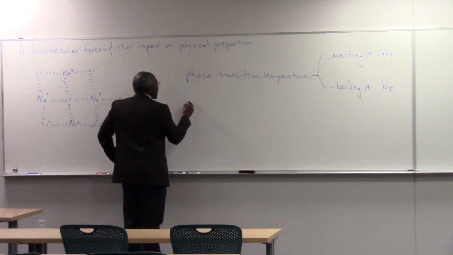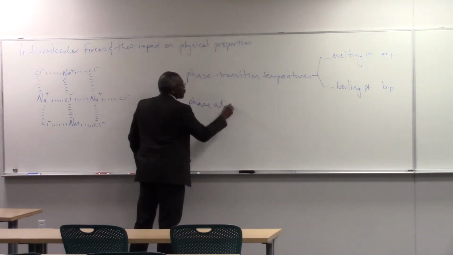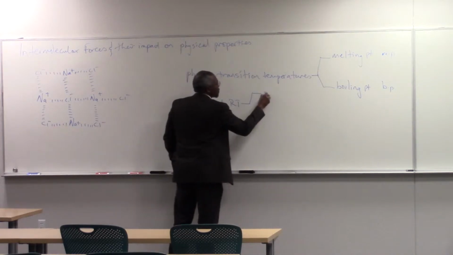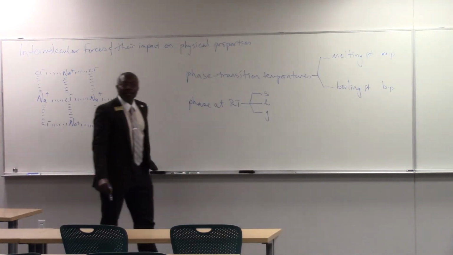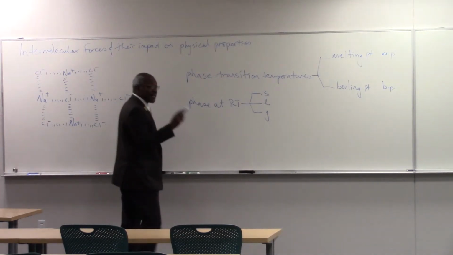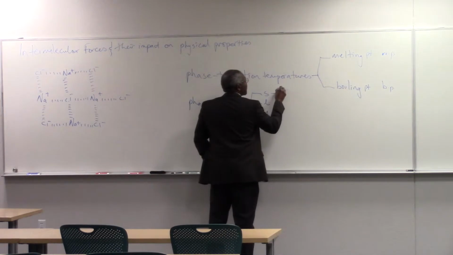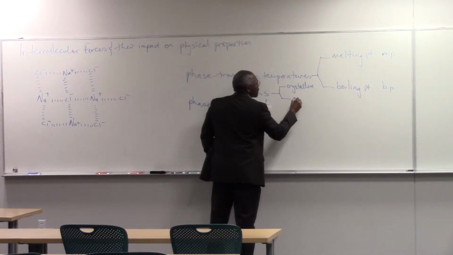We're also going to look at the phase at room temperature. In other words, is it solid, is it liquid, or is it a gas? And really that's related to the issue number one. If it is solid, we're going to ask, is it crystalline, or is it powdery, is it amorphous?